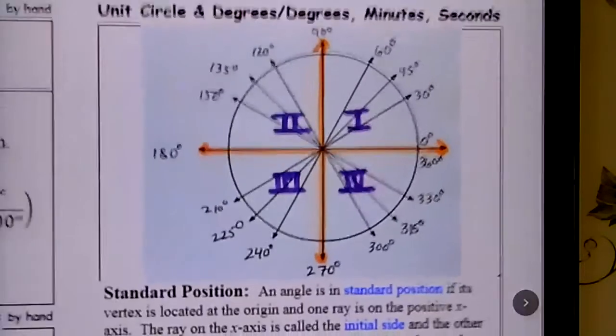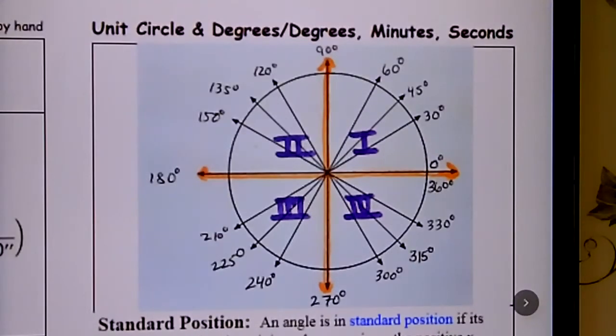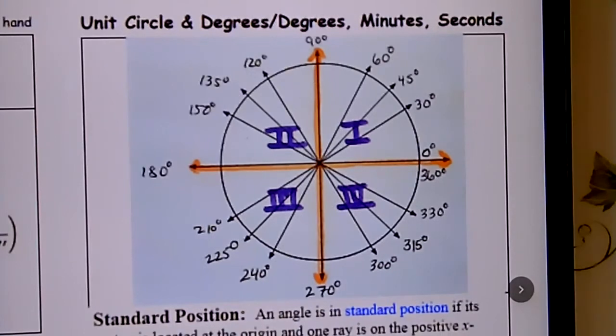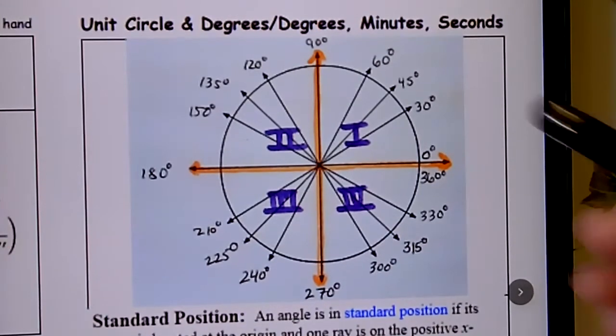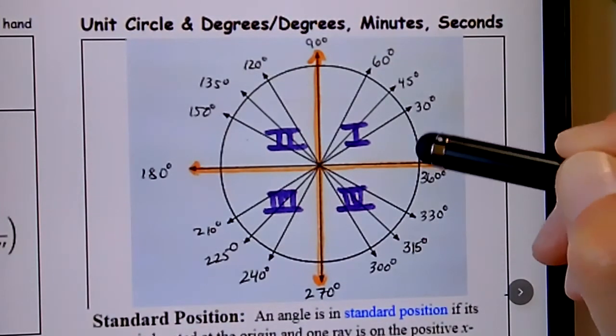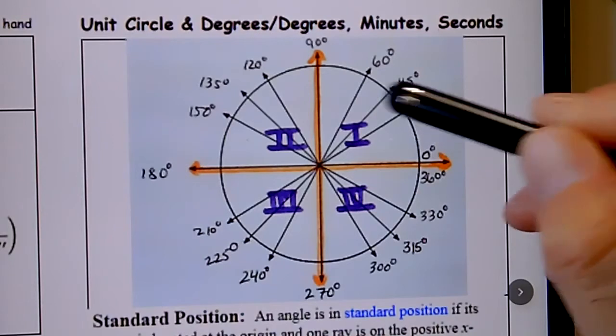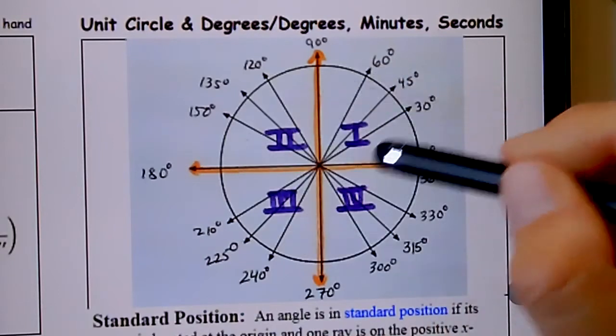Now, something to notice, and I'm going to be doing this in different colors. So let me just get a color here. So when we're talking about a unit circle, all of these degrees here, everything here can be related to quadrant 1.